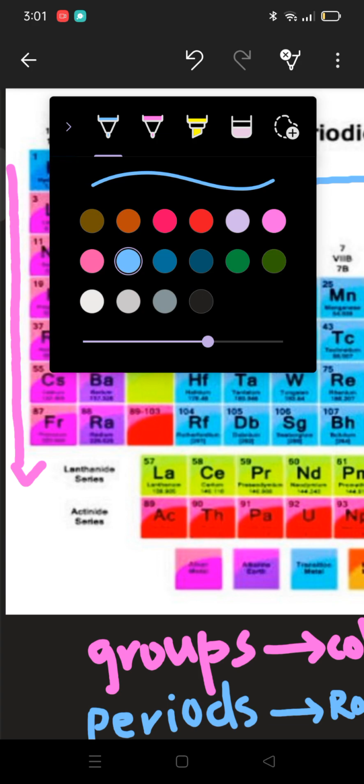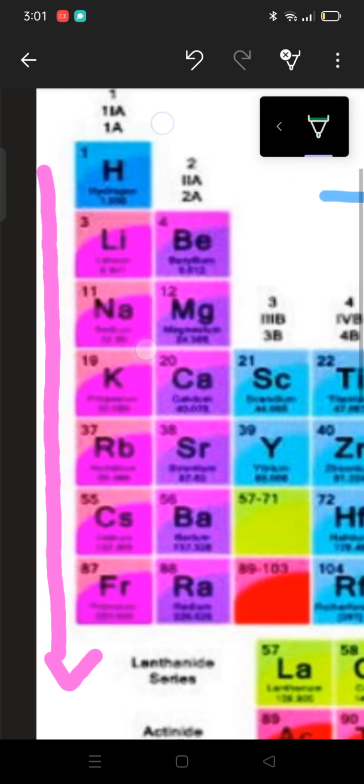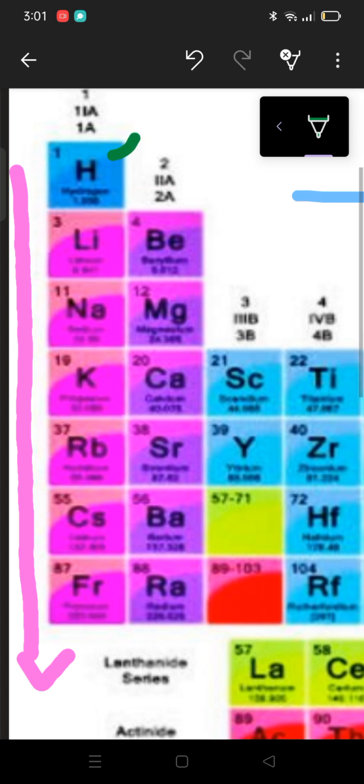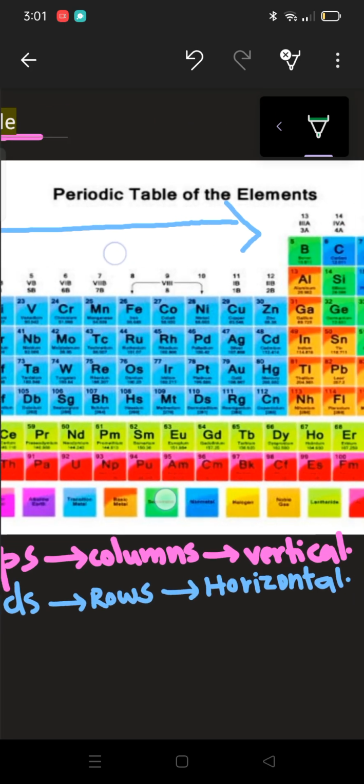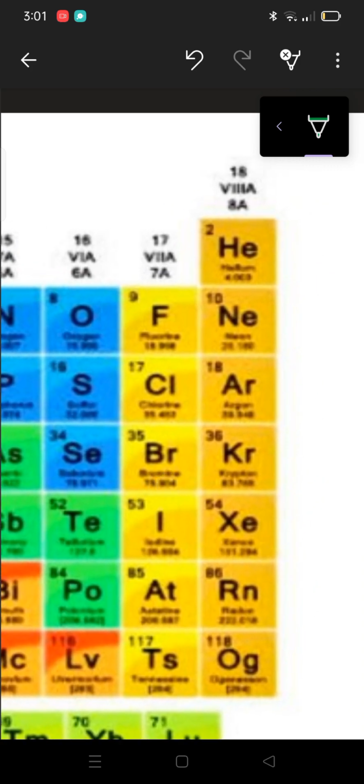Let me change the color here. As you can see, the first element we have is hydrogen. The places of hydrogen and helium are not decided yet, but hydrogen is placed in the first group, and helium is present not in the second but in the eighth group.